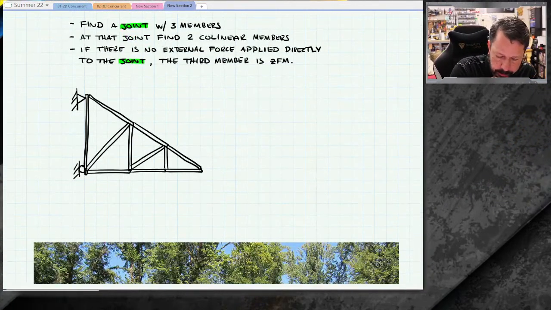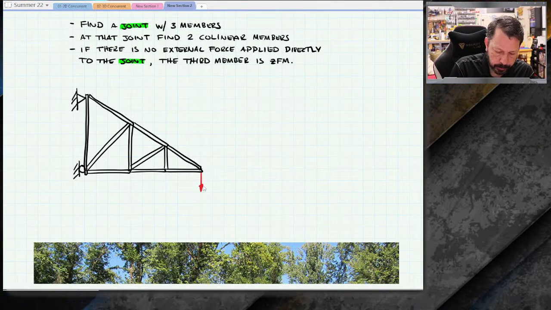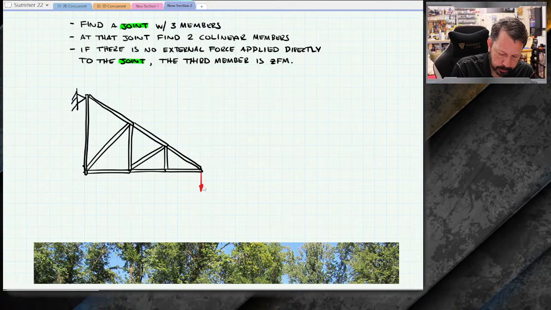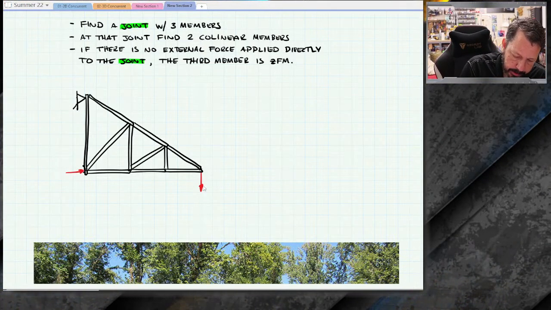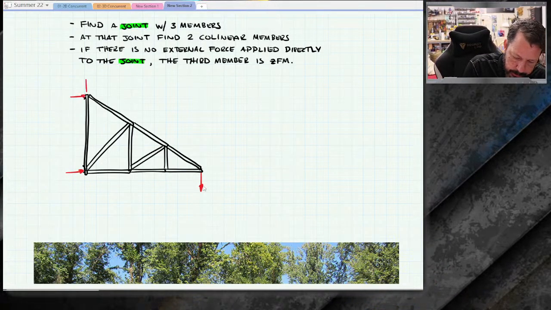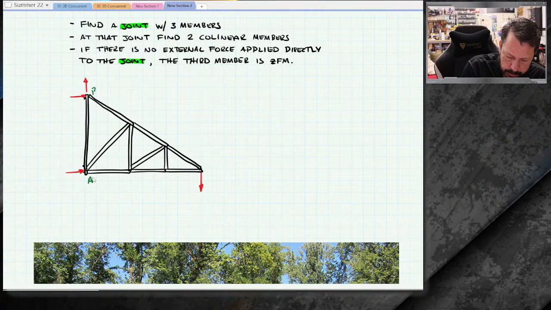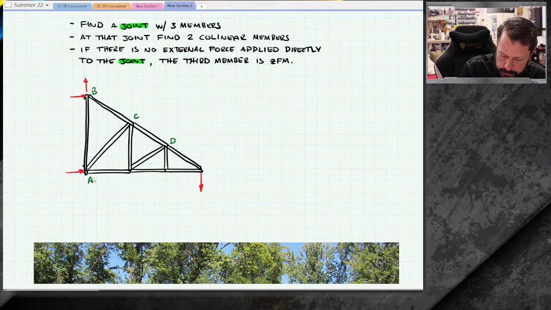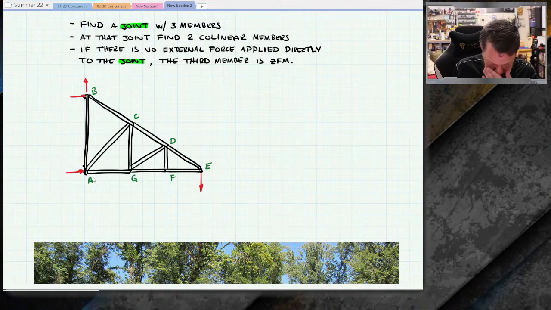All right, let's put a single force over here. Now, this roller is applying a force over here, and this pin is applying a force here and here. And let's just do A, B, C, D, E, F, and G.